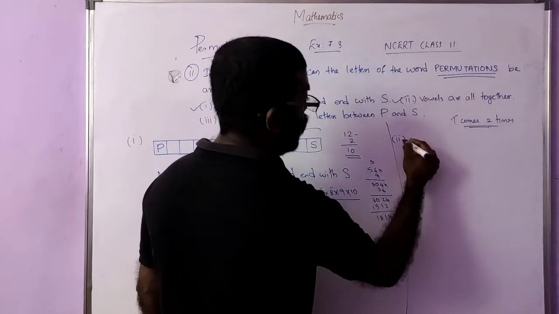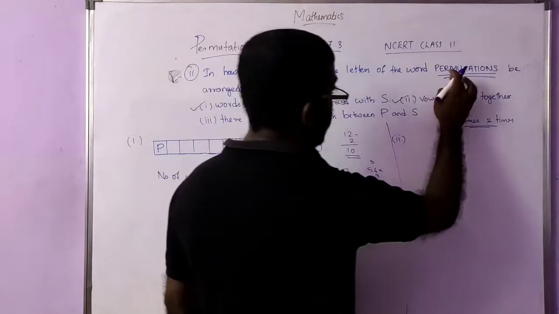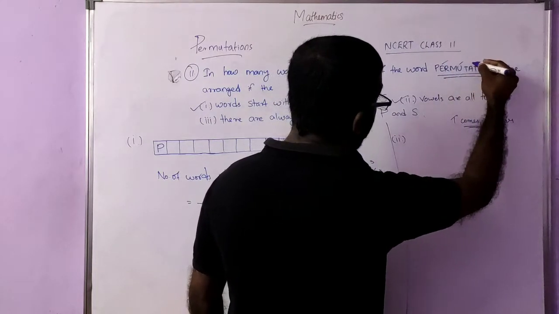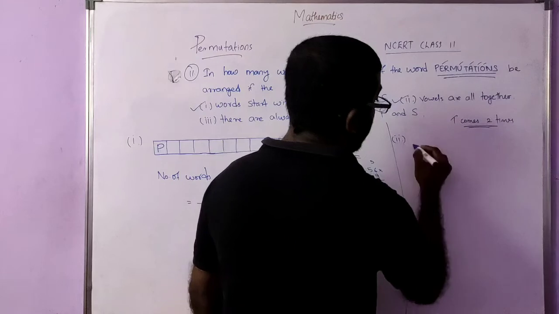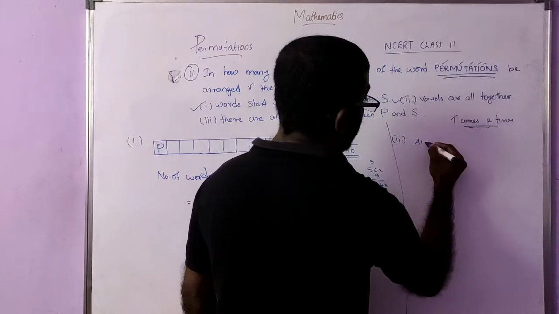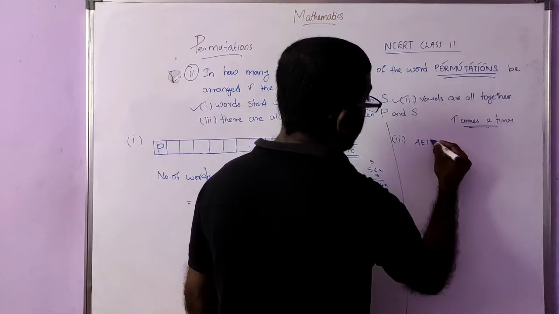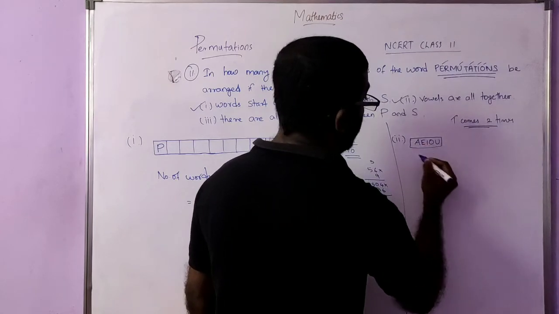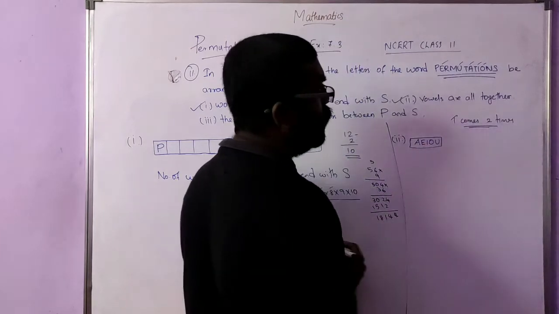Vowels are all together. So from this we can take the vowels separately: E, U, A, I, O. Here all the vowels are here: A, E, I, O, U. So we can consider this as a single block, because vowels are all together.